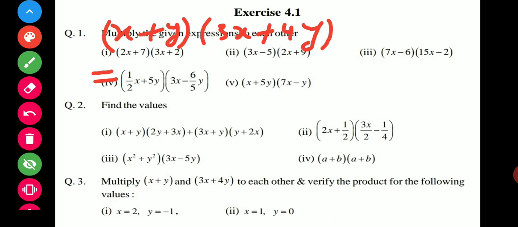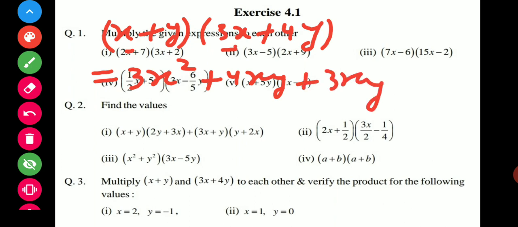So x and 3x is 3x square, this x and this 4y becomes 4xy, this y and 3x becomes 3xy, this y and this 4y becomes 4y square.